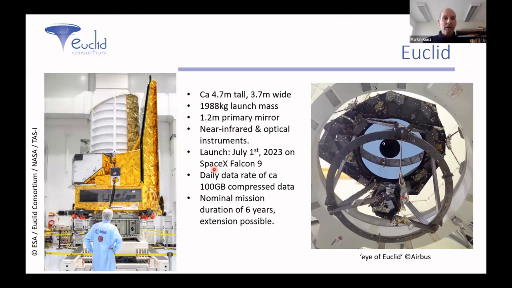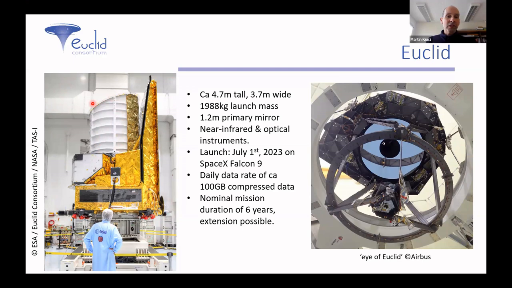So here are some pictures and key numbers of Euclid. This here is the satellite after it was assembled. You can't see, but it's about 5 meters high, 4 meters wide, has about 2-ton wet launch mass. It's effectively a telescope.